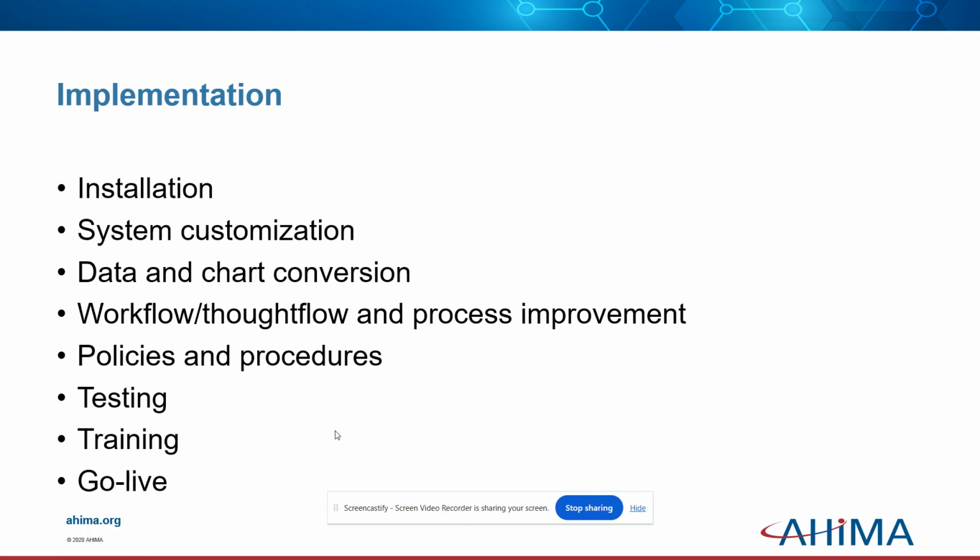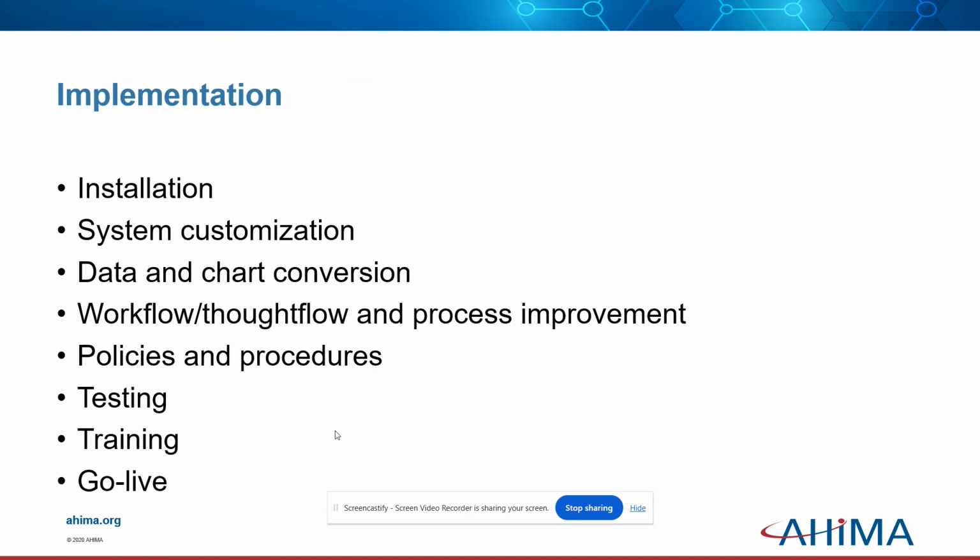When we implement, we have to install the system. Do we have any level of customization? Ultimately, we have to get data from the old system into the new system. And so that data has to be converted. We need to understand the workflow or the process level to ultimately be improved.